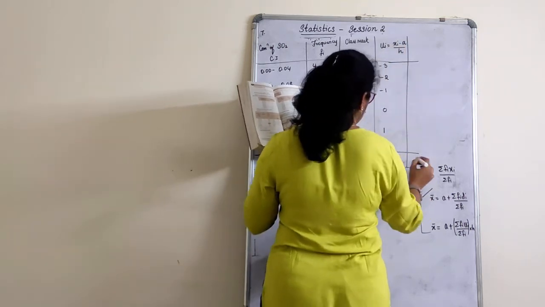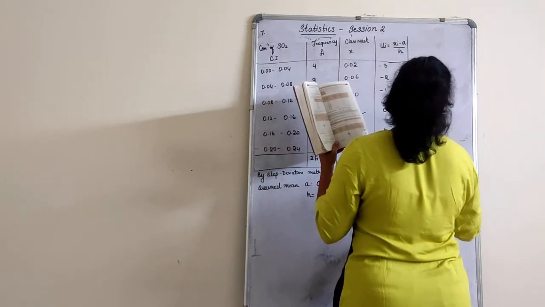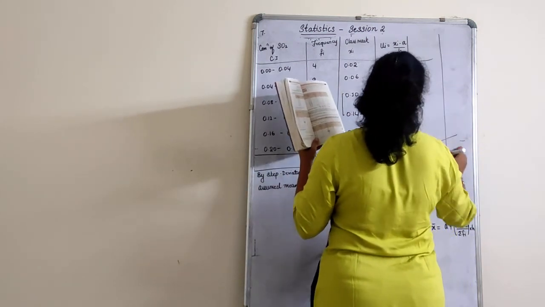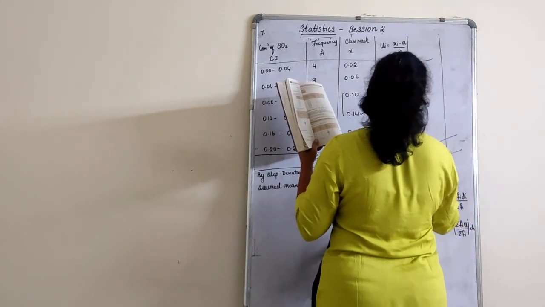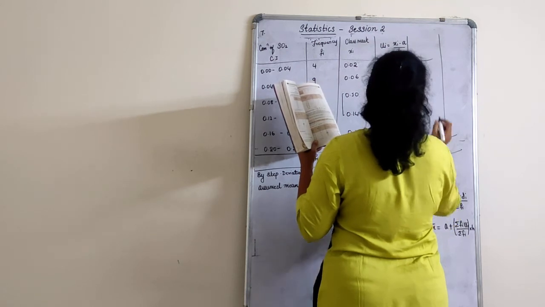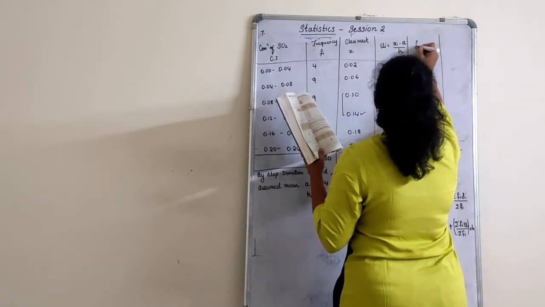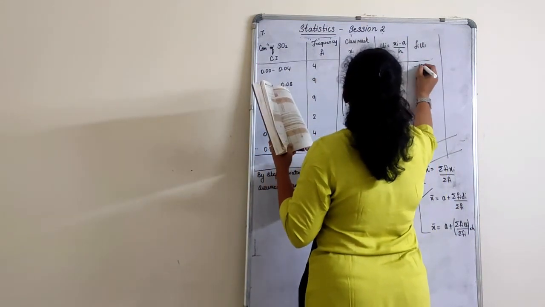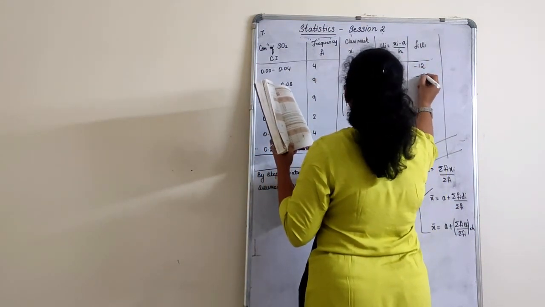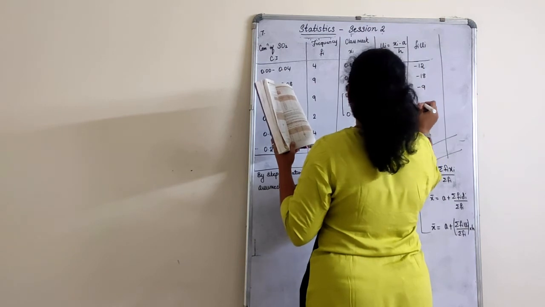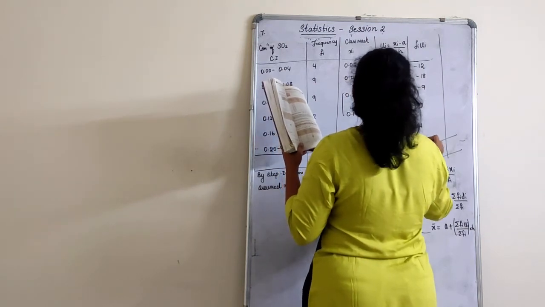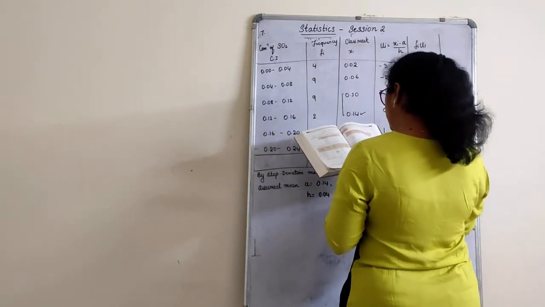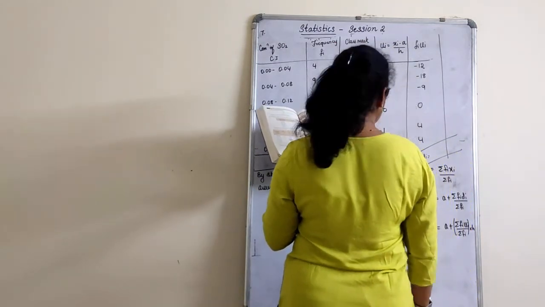What's your last part? I don't have space since I've written the formula. Sigma fi ui is equal to fi into ui. 4 threes are 12, 9 twos are 18, 9 ones are 9, 0, 4 and 4. Minus 12, minus 18, minus 9.